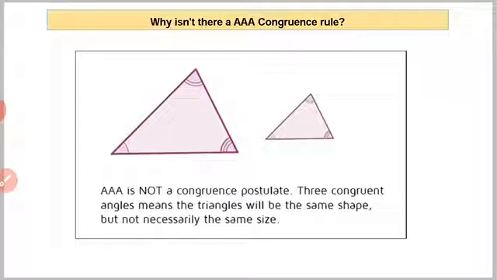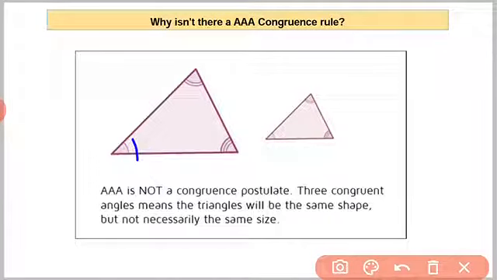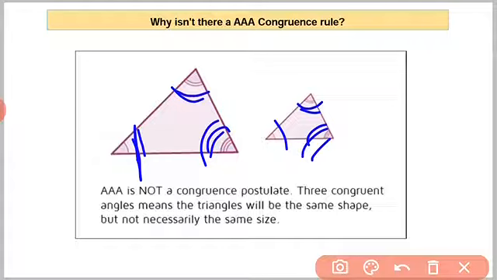We see here that there are two triangles in which the set of three angles are equal, meaning this first angle is equal to this angle, is equal to this one. So we see that there are three congruent angles in these two triangles, but we also see that their size is not equal.